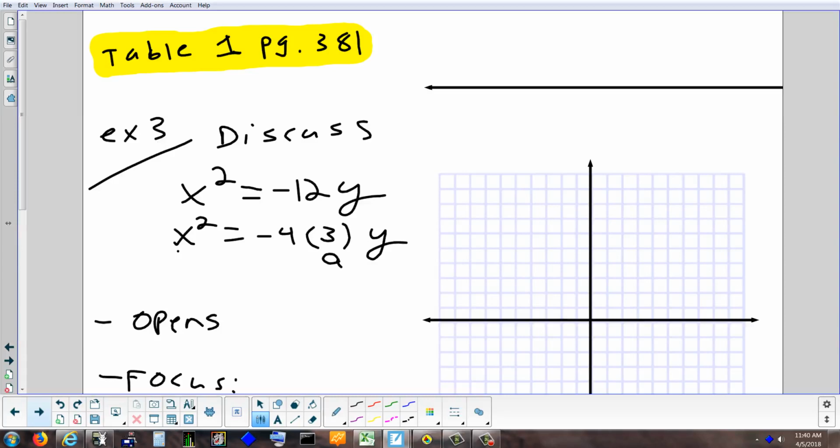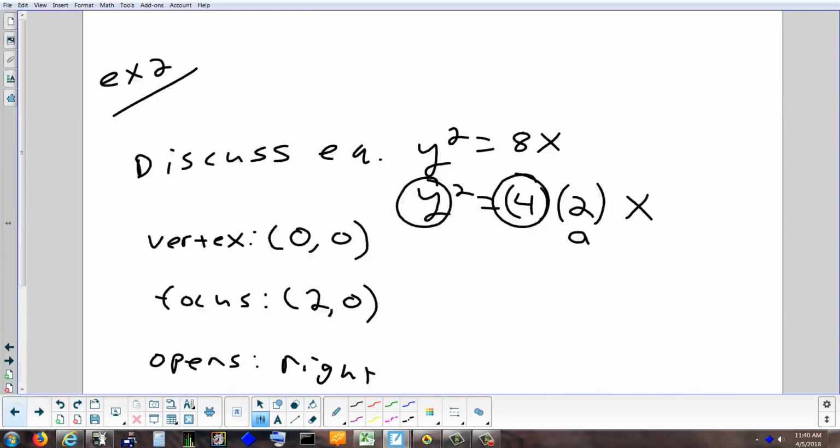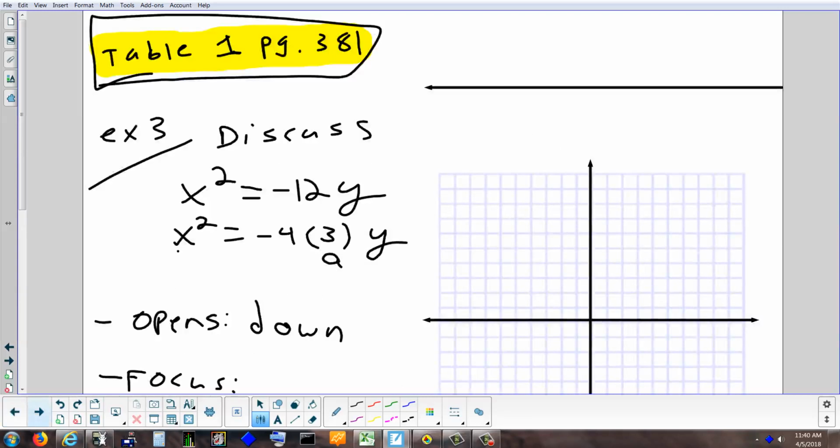This is on page 381, right here. Look at that table. Now, people that said left, what would have to happen for it to open left is it would have to be y by itself with a negative 4. We did y by itself with a positive 4, so that opened right. Okay. This is x by itself with a negative 4.